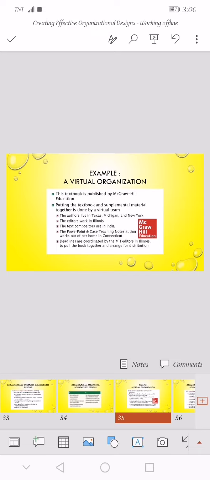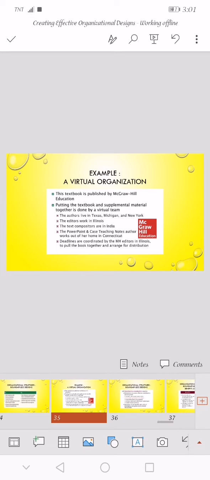Third, the text compositors are in India. Fourth, the PowerPoint and case teaching notes authors work out of their homes in Connecticut. Fifth, deadlines are coordinated by the image editors in Illinois to pull the book together and arrange for distribution.